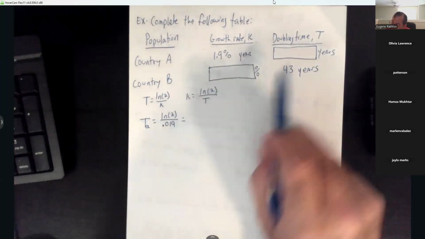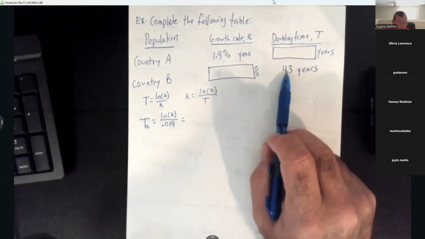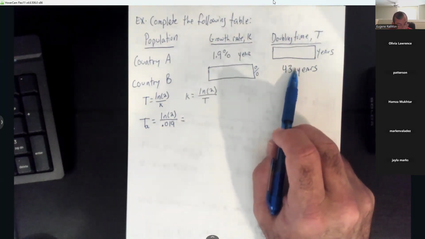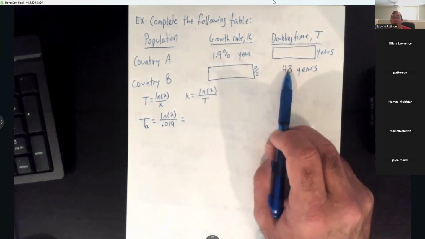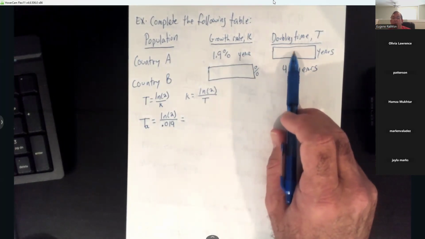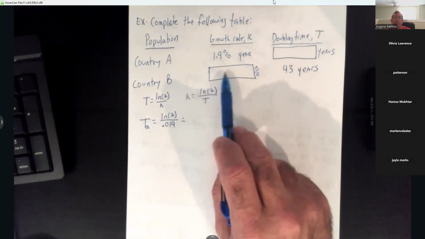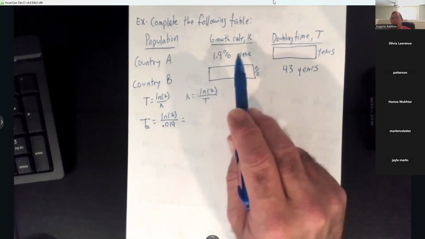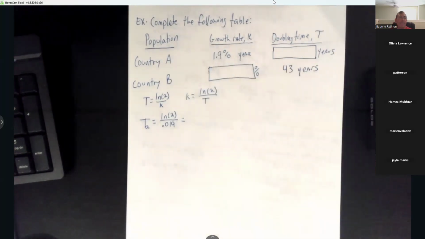Now look here. Since I'm finding the doubling time, it looks like they're rounding this to the nearest year, the nearest whole number. And when I do the growth rate, that'll be just one decimal place. So you want it to mirror what they already got.